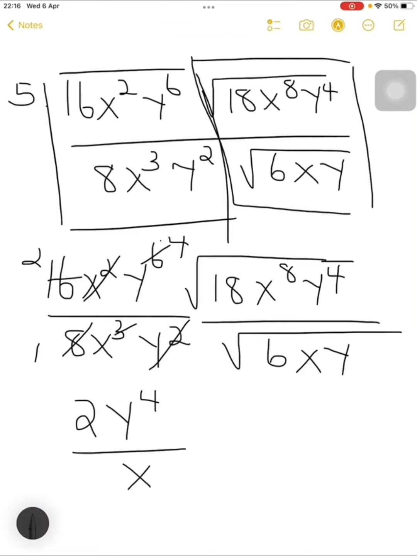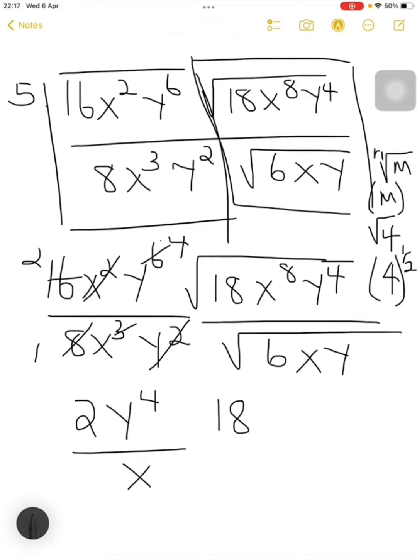And then the other part, if you remember the previous video, I'm also going to leave the link in the description, whereby I was talking about whenever you have a square root like that. It is the same as, for example, you have root 4, this is the same as 4 power 1 over 2. If you have the nth root of m, this is the same as m power 1 over n.